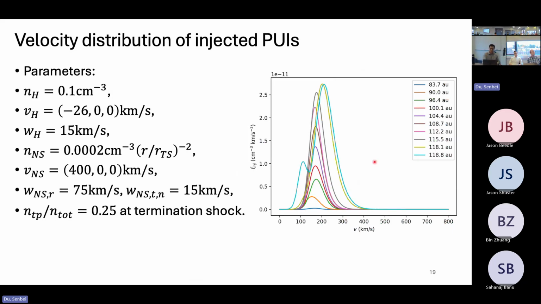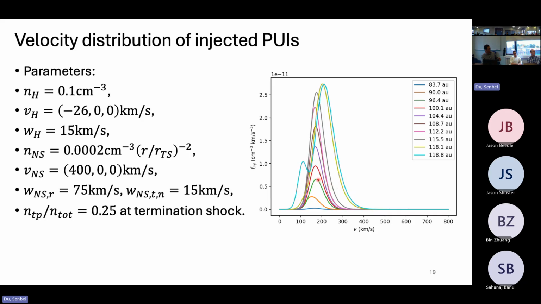And so these are the distributions at different radial distances in the heliosheath. And we see that it's continually increasing with distance. So that's just accumulation of more and more injected pickup ions as you go further into the heliosheath.